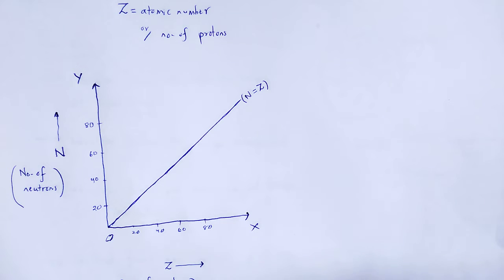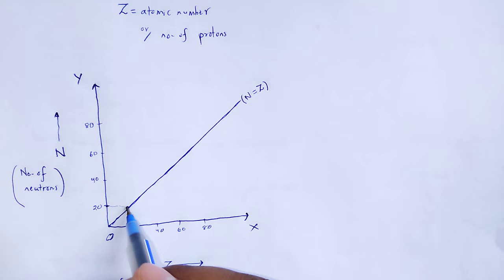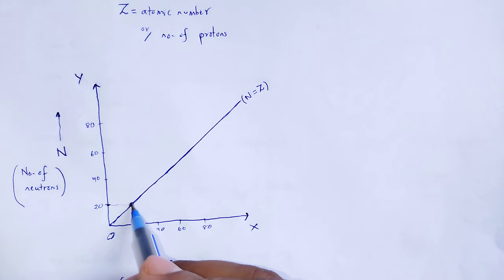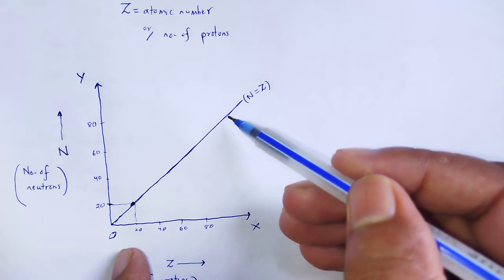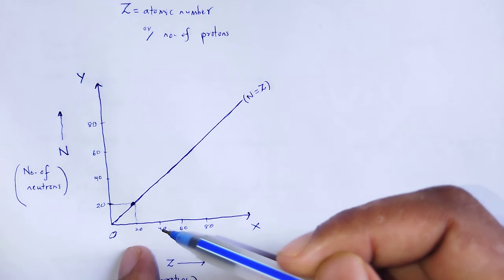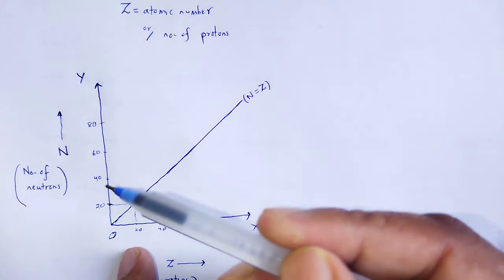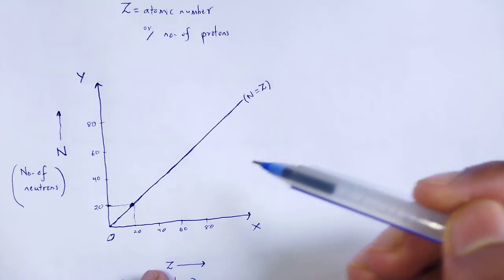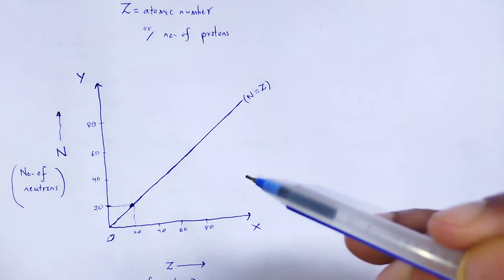In our experimental observation, up to 20, the number of protons is the same as the number of neutrons. In the periodic table, when we see these atoms and notice the proton number to neutron number, the number of neutrons is the same as the number of protons.